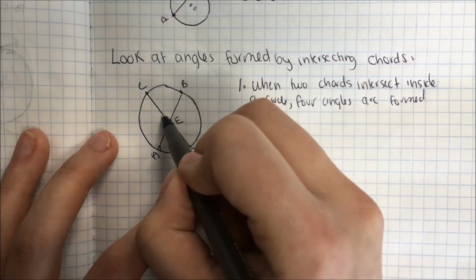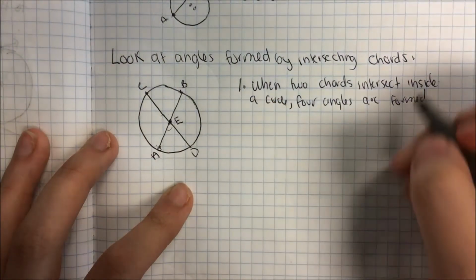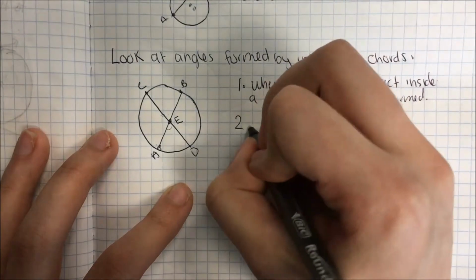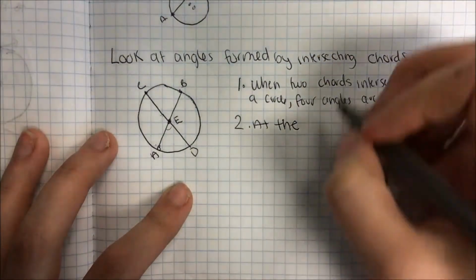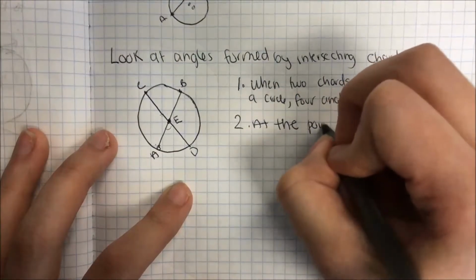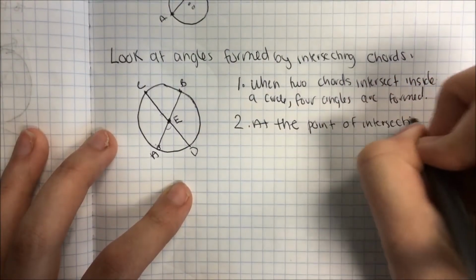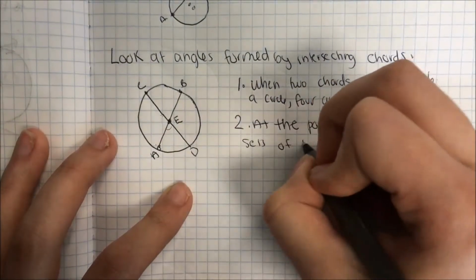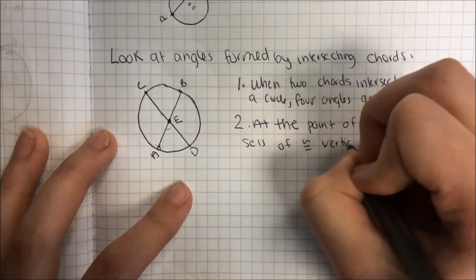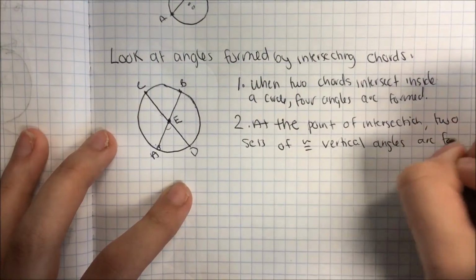So we have this angle would be 1, 2, 3, and 4. So now, at the point of intersection of our two chords, we have two sets of congruent vertical angles formed.